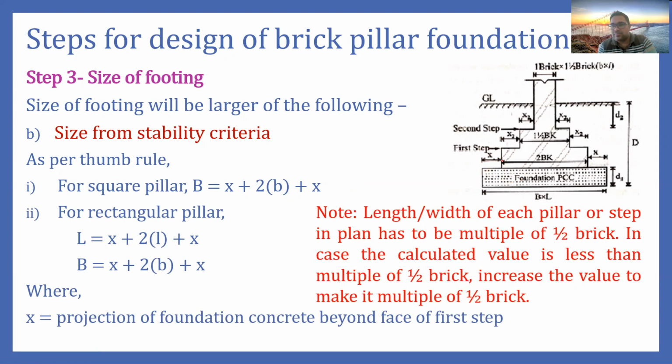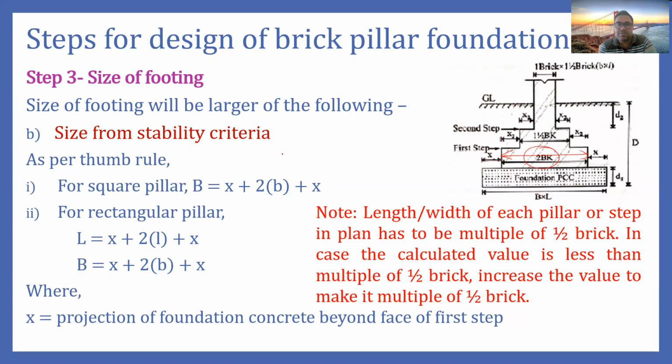Also, the length, as you can see, this width of brick will always be in the multiple of half brick. When it says 2 brick thick, suppose the brick is used as modular brick.